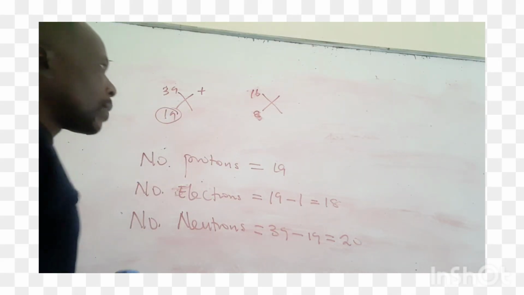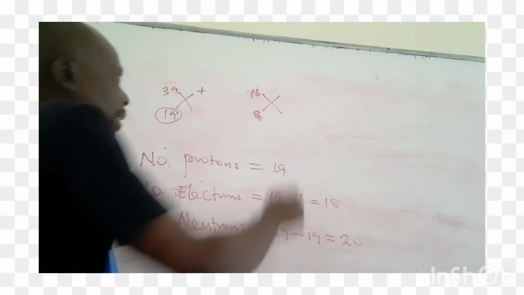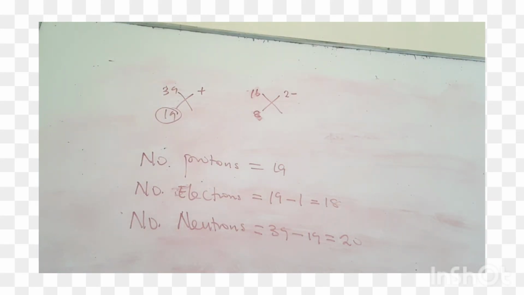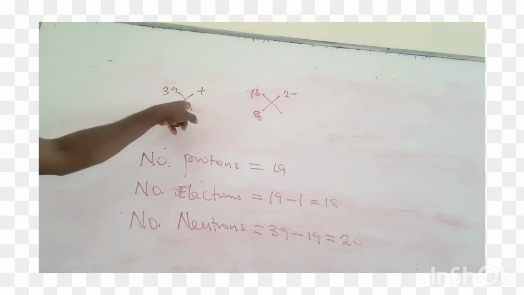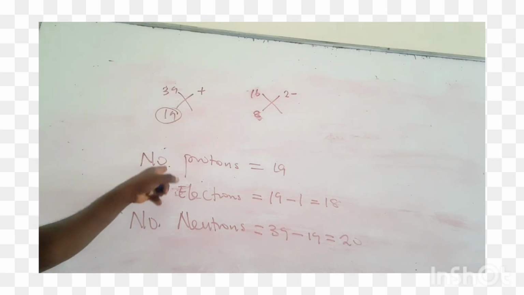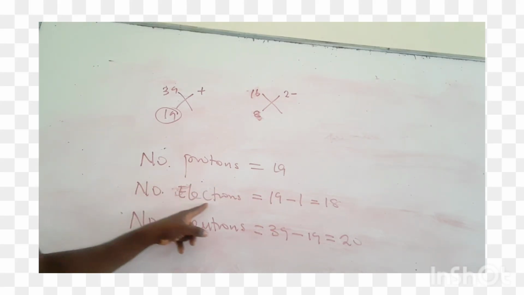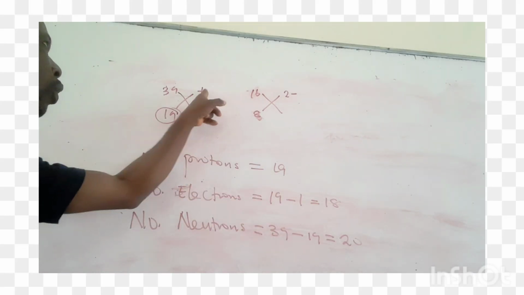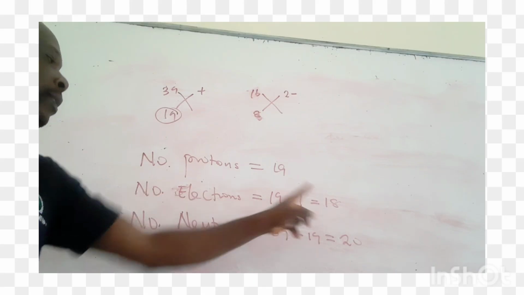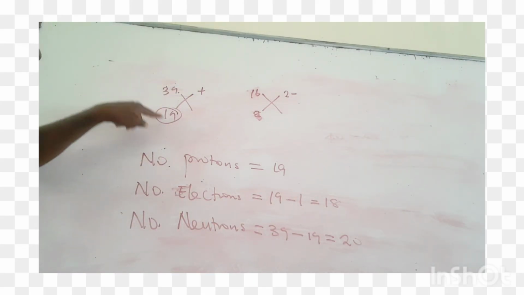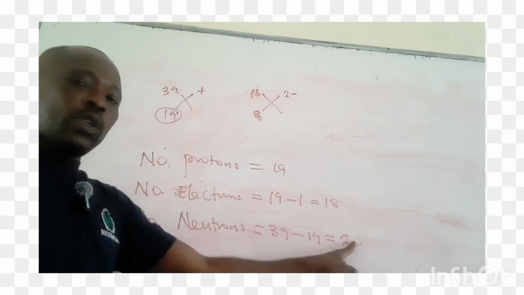Let's assume it is carrying 2 minus. For when it was plus 1, the number of protons is equal to 19. Number of electrons is 19 minus 1 because of this charge here, giving 18. Number of neutrons is mass number 39 minus atomic number 19, giving us 20.